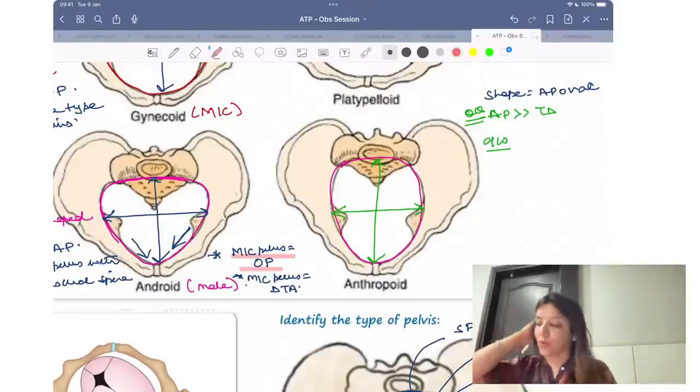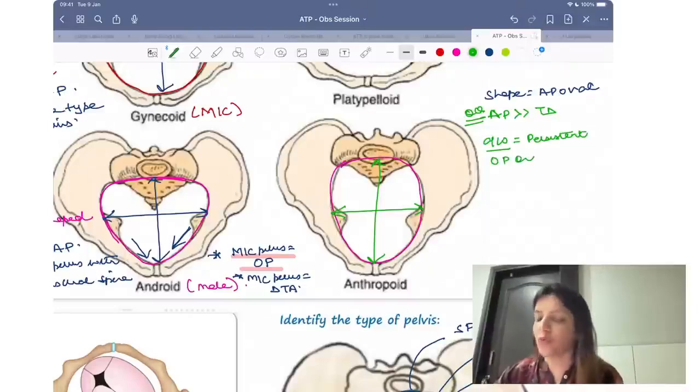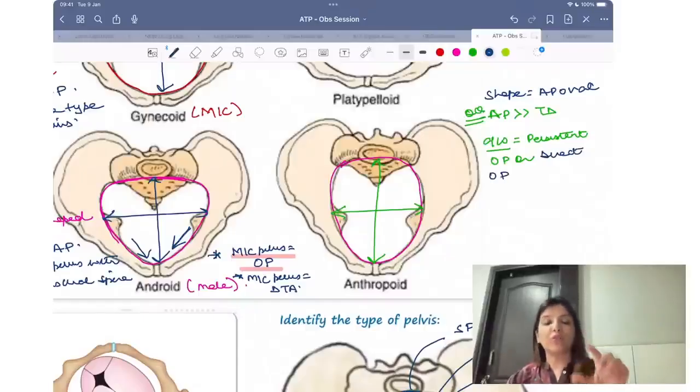But if they ask you most common pelvis associated with persistent occipito-posterior, or which pelvis is associated with direct occipito-posterior, whenever occipito-posterior के front में some kind of prefix is added, the answer changes from android to anthropoid. That is how you have to remember. Whether they ask you direct occipito-posterior or persistent occipito-posterior, your answer has to be anthropoid pelvis.